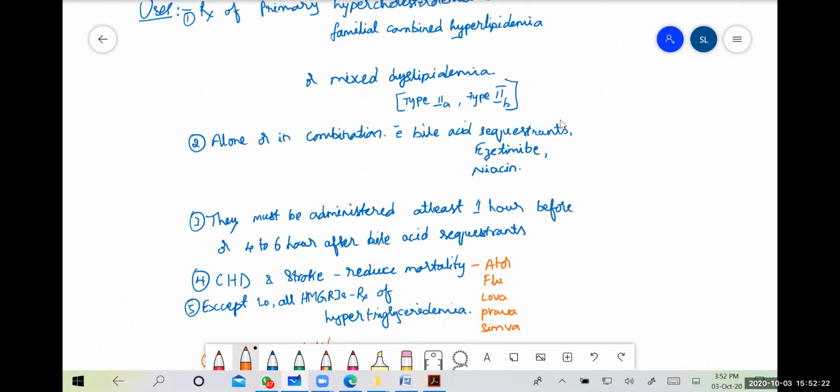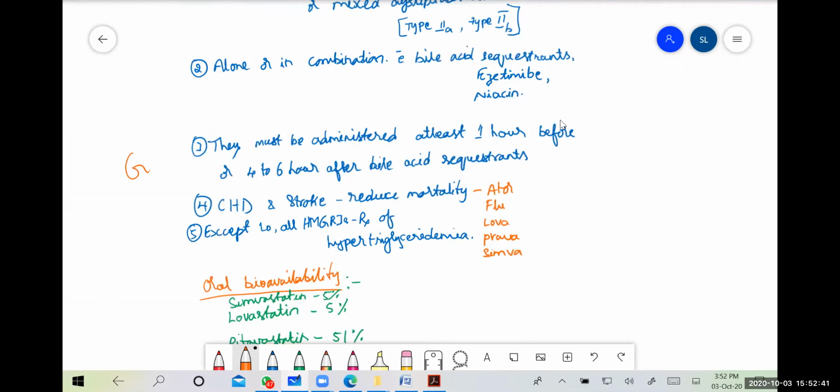If you are giving them in combination with a bile acid sequestrant, then these statins must be given 1 hour before the administration of bile acid sequestrants or 4 to 6 hours after bile acid sequestrants. So this is one important point that you all should remember.